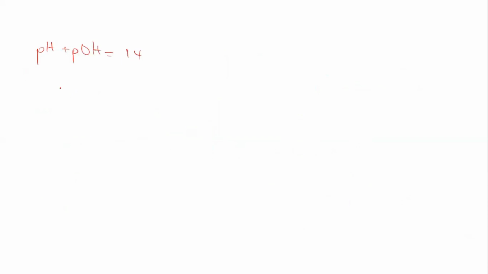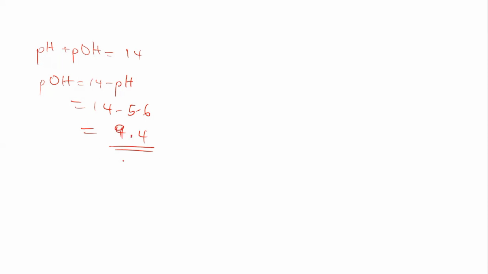And of course, if we're going with this, we say that pOH is going to be 14 minus pH, which is 14 minus 5.6. So that's going to give you 4.4, all right? Okay, sorry, so 9.4 rather, 9.4.